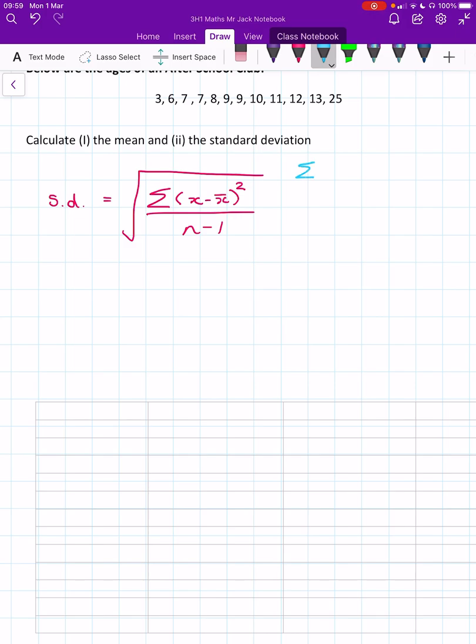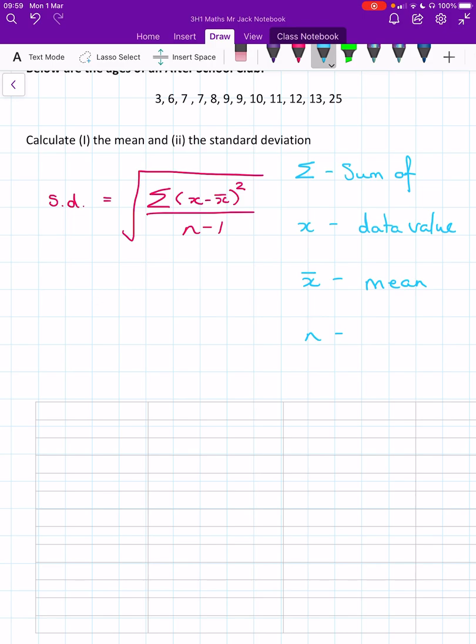This is the symbol sigma, and it means sum of. In other words, it means we're going to add up a number of values. x is a data value from our range of data. x bar, you'll be pleased to know, is just the mean, and you've met the mean before, so that's not new.